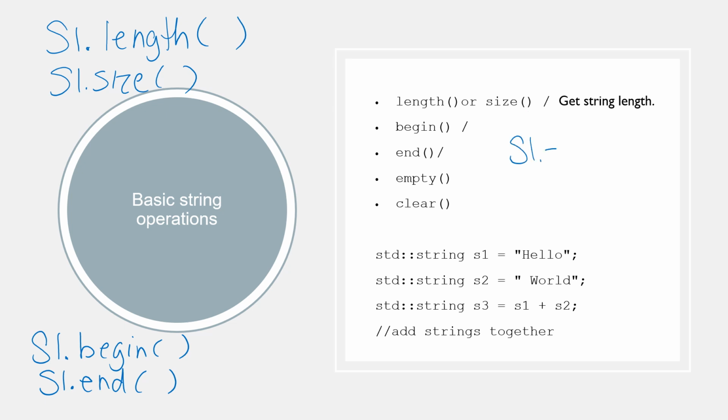So s1.empty() can be used to figure out if the string is empty or not, meaning if there are any characters left in it. And s1.clear() will clear out a string. There's a whole bunch of functions, but these are the ones we're going to be using. You can also add characters to strings, and you can add strings to strings. So we're going to be using that as well.